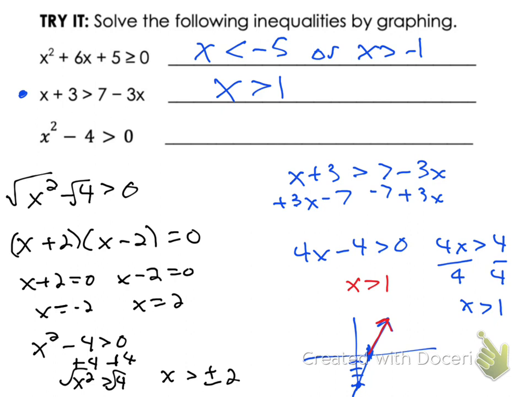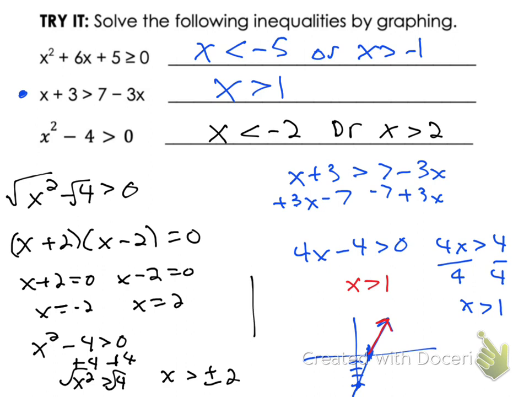Okay, I see. But again, if you had that parabola, you should have x is less than negative 2 or x is greater than 2 for that parabola. Here, I'm going to draw this on here for my video real quick.